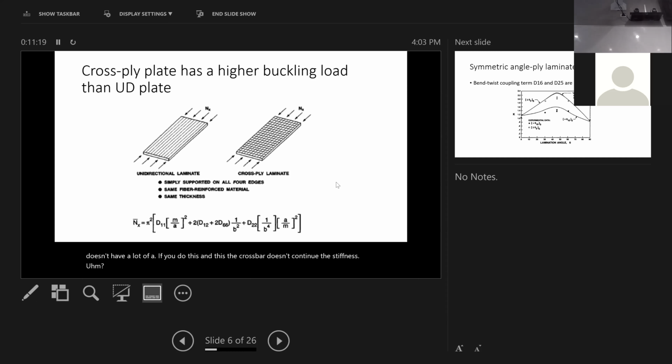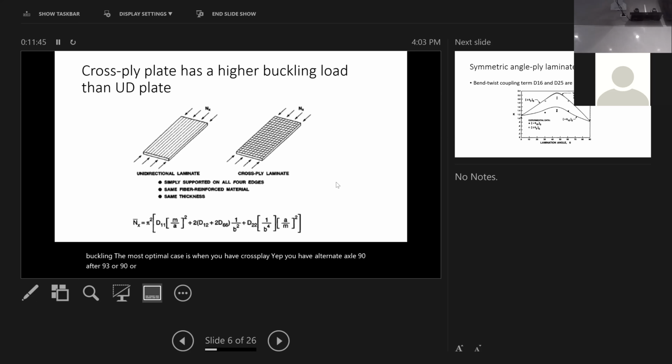It turns out that for a buckling situation, even if your load is in that direction, that is not the optimal case. The optimal case is to put some fiber also in the other direction, even though your load is on the fiber direction. For the plate to resist buckling, the most optimal case is a cross ply, alternating axial, 90, axial, 90, 0, 90, 0, 90.